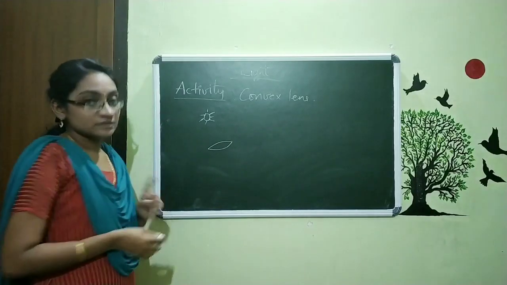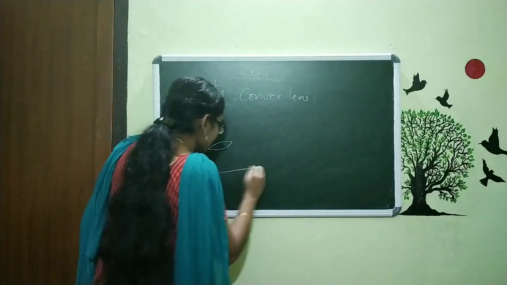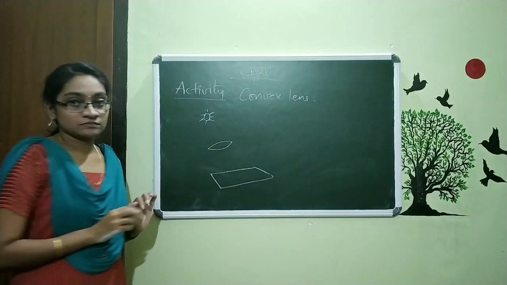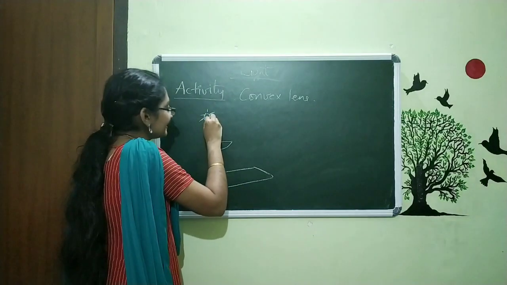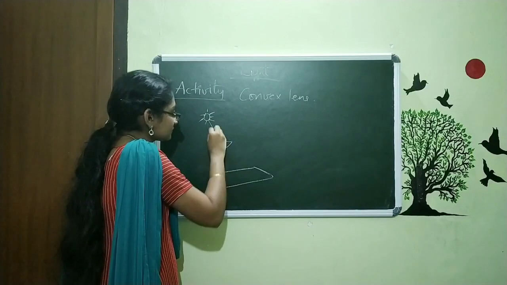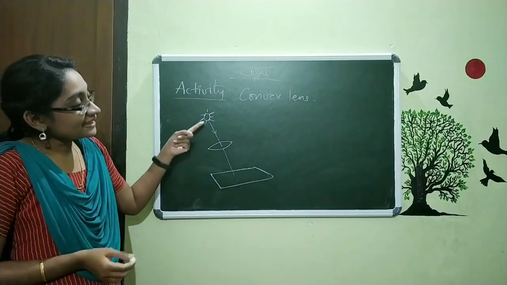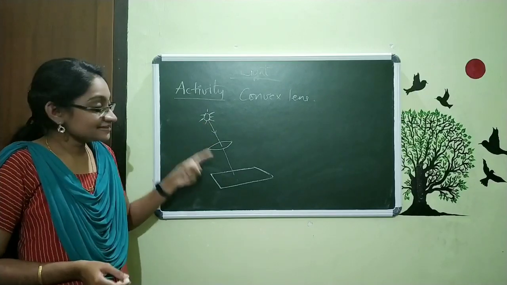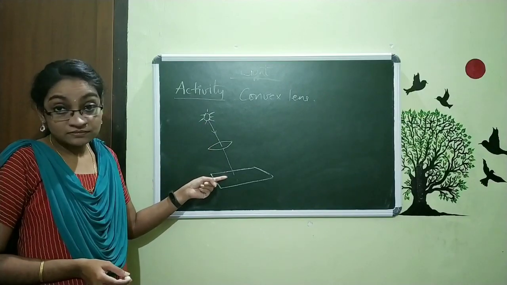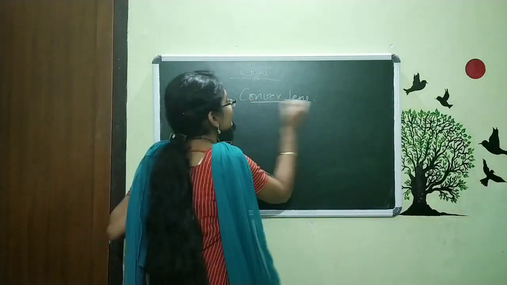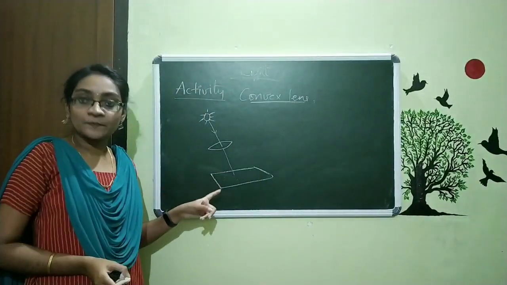I am placing the convex lens and here a piece of paper. The sunlight is passing through our lens and then it focuses on the paper. So using the convex lens I can focus the light on paper.